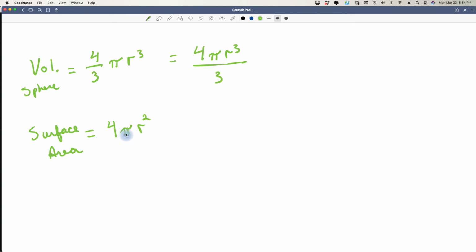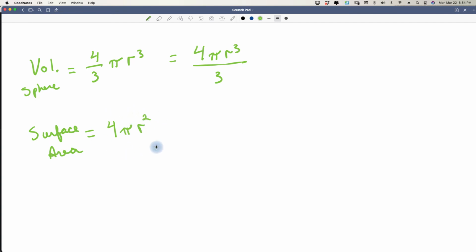Well, this is 4 pi r squared. So think about that for just a second, because we have this extrusion going on. We are not just talking about a flat surface anymore. We're talking about something that has extended up and down and forwards and back and left and right. So it has expounded.